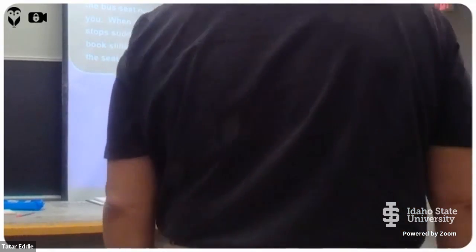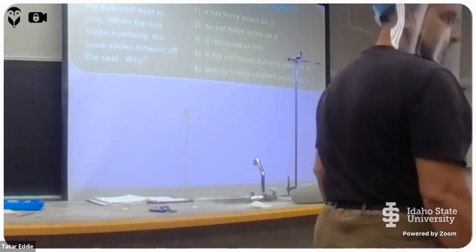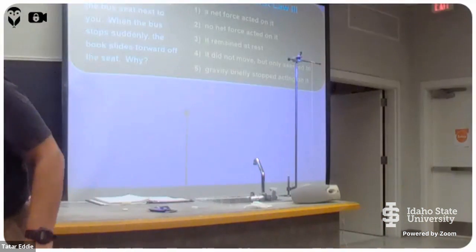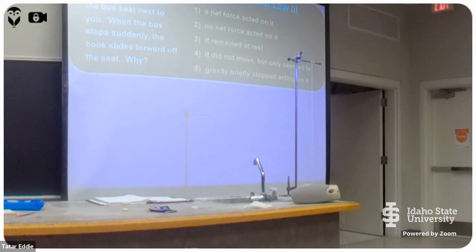The options are: a net force acted on it, no net force acted on it and it remained at rest, it didn't move but only seemed to, or the gravity briefly stopped. What would you choose?